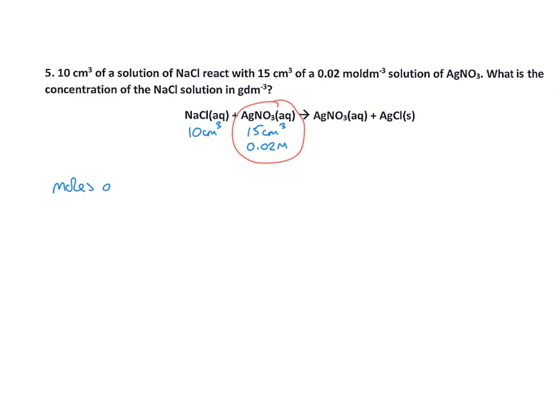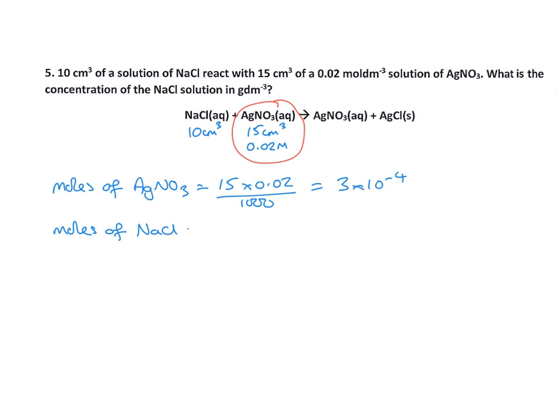So that will allow us to calculate the moles. Now from the equation, the moles of sodium chloride are the same as the moles of silver nitrate. So we can say the moles of sodium chloride are equal to the moles of silver nitrate.